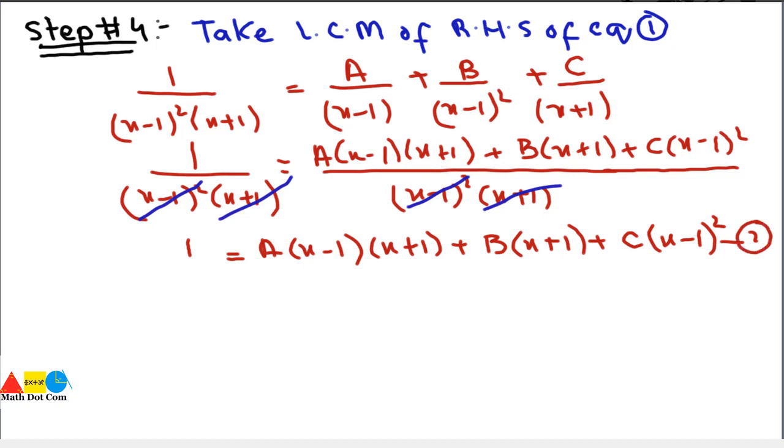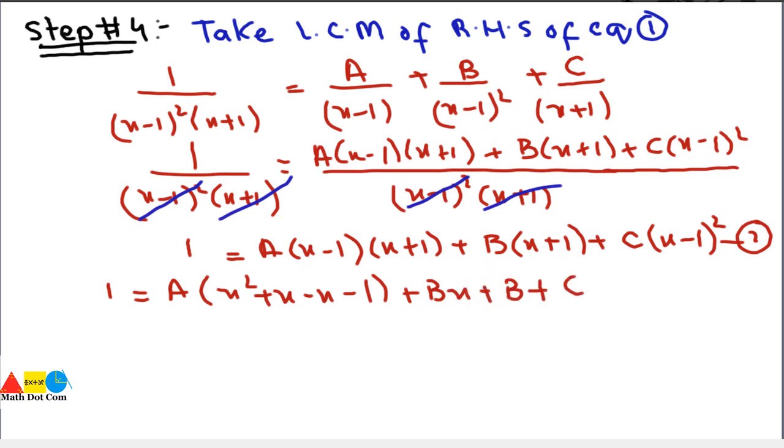So this was step number 4, and it can further be simplified as 1 is equal to a into (x square minus 1) plus b into (x plus 1) is bx plus b, plus c into (x minus 1) whole square. I will open the formula as x square plus 1 minus 2x.